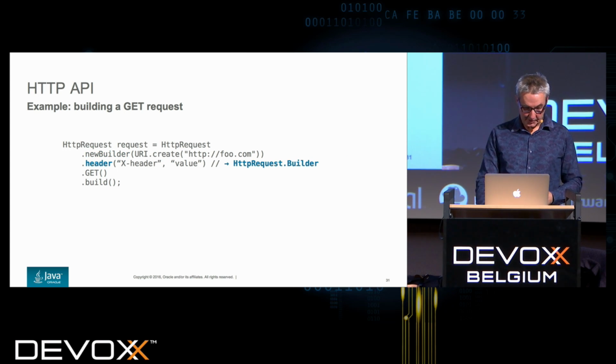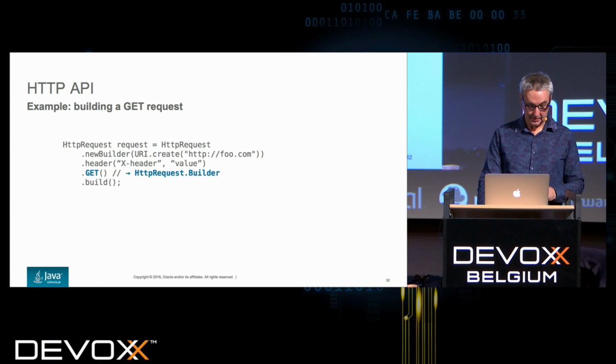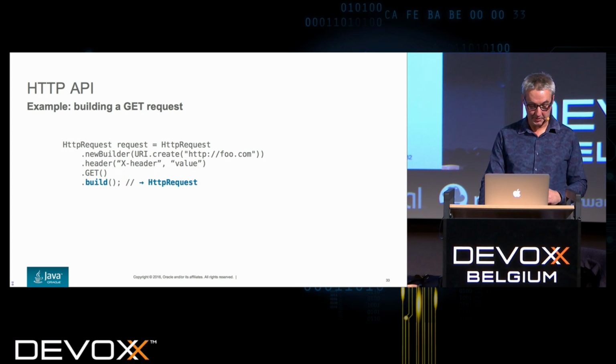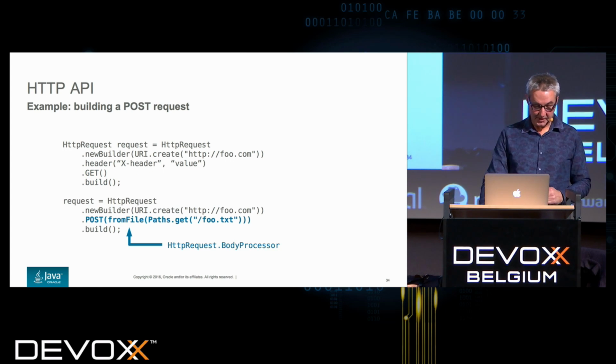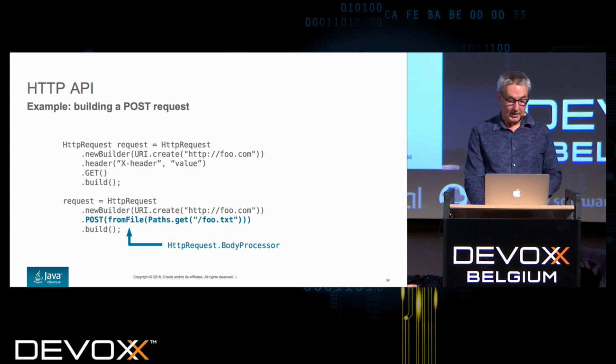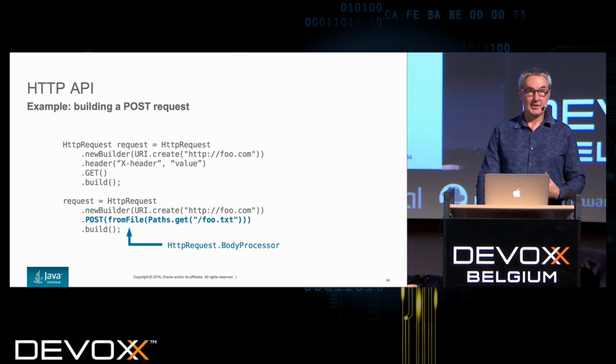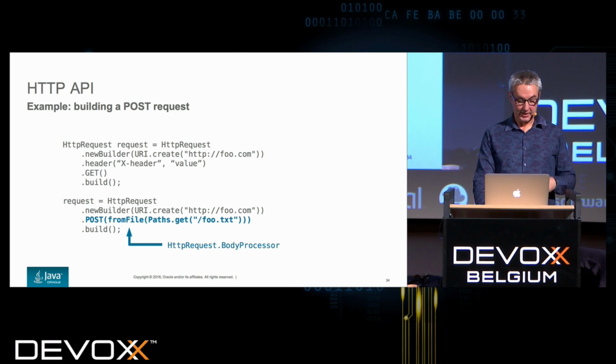So the first example, you can set headers, set the request method or the request type, and then build. Now this example is possibly slightly more interesting in that we're doing a POST here, so we need to specify a request body. So what we're doing is calling a method called fromFile, which takes a Path object, and that specifies that the request body is going to come from that file.